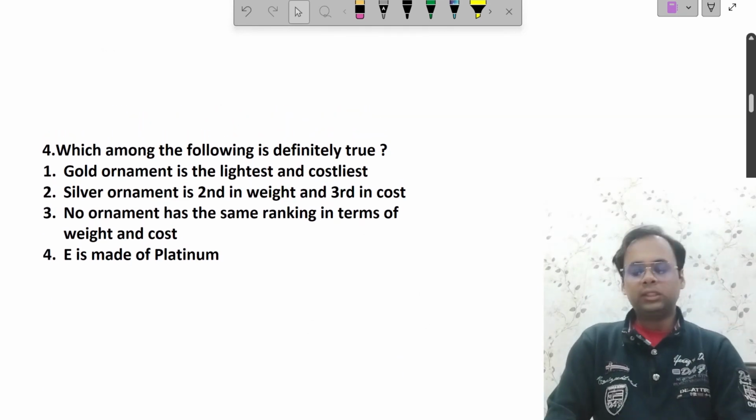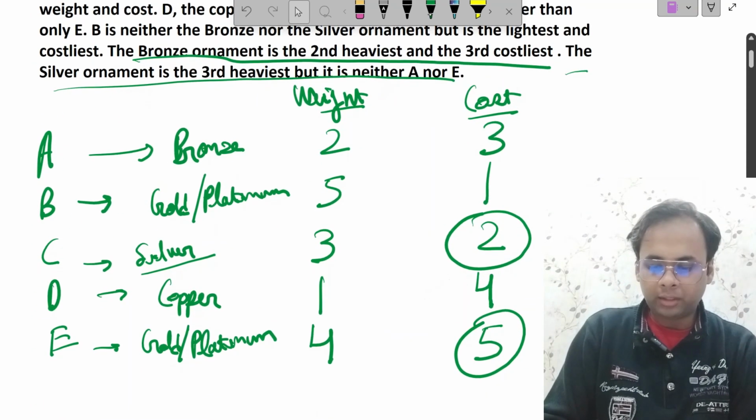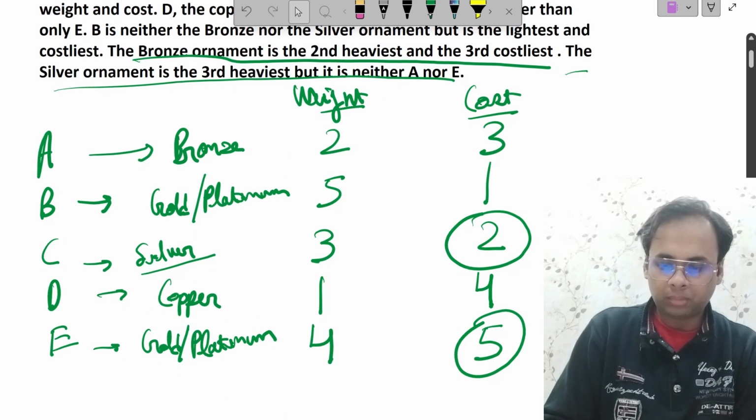Next we have which among the following is definitely true. Let me just copy this weight and cost chart over here for a better understanding.